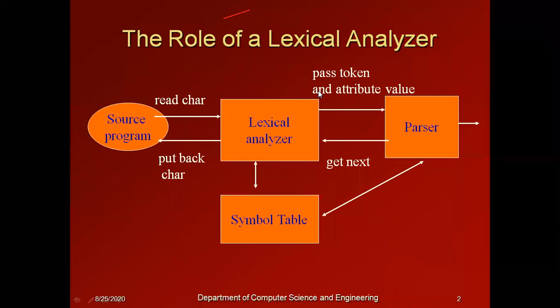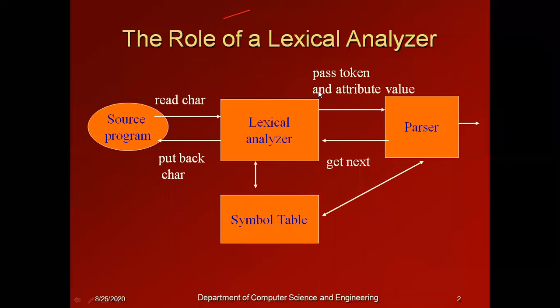Whenever it reads an extra character that may not be useful for recognizing a particular token, it will simply put the character back to the source program. Meanwhile, as and when there is a new symbol, those new symbols and their corresponding attributes will be stored in the symbol table.